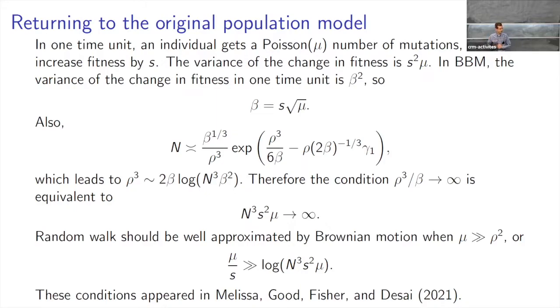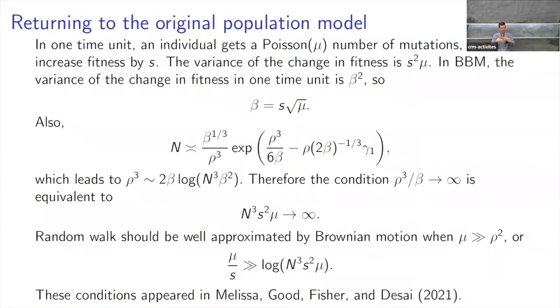Another condition that we need is that the random walk should be well approximated by Brownian motion. And I believe that this approximation should be valid as long as many mutations occur on the smallest time scale that's relevant for the branching Brownian motion process, which is the time scale of order 1 over rho squared. And so this means that we should need the mutation rate mu to be much larger than rho squared.